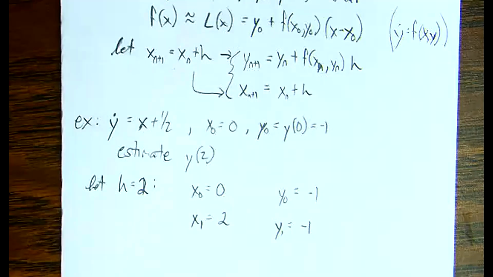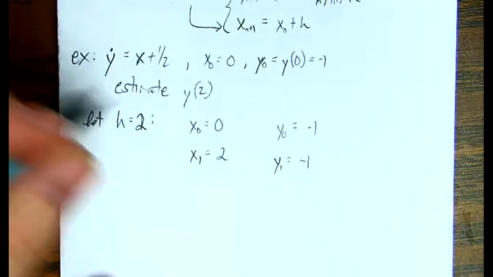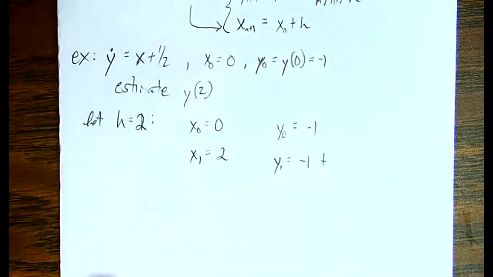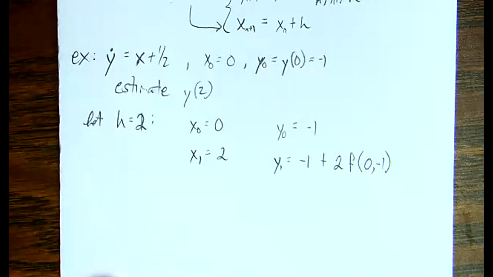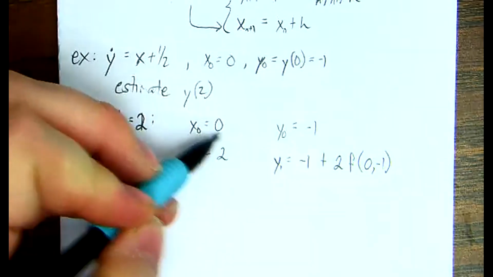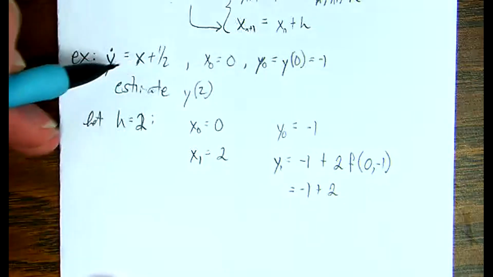So that's what we mean when we say f at the previous value. So y1 is going to be -1 plus, I'm going to go ahead and just move the h out front, h times f evaluated at the previous point, which was 0, -1. This was the previous x value. This was the previous y value, which is -1 plus 2 times f at 0, -1.